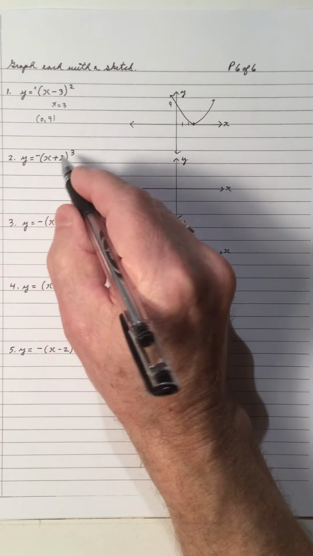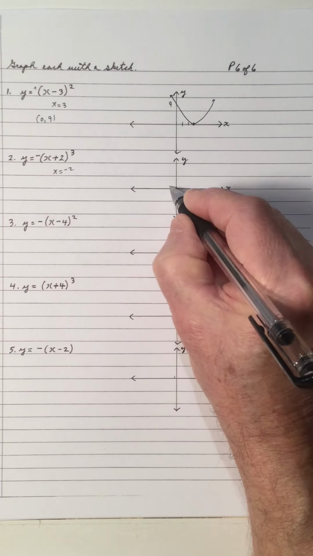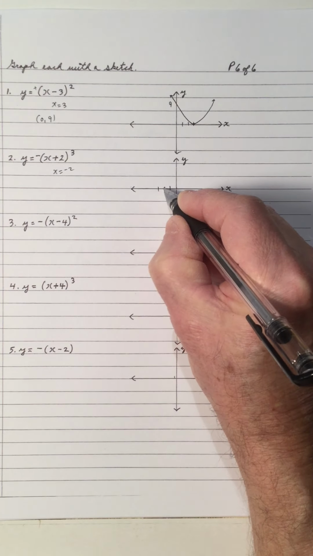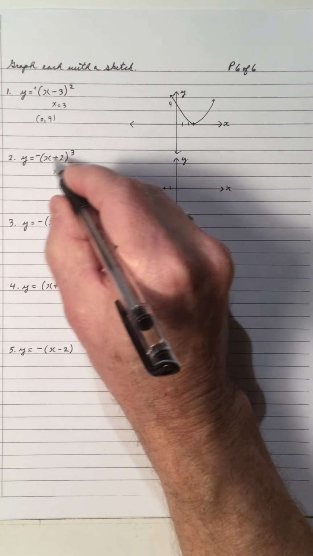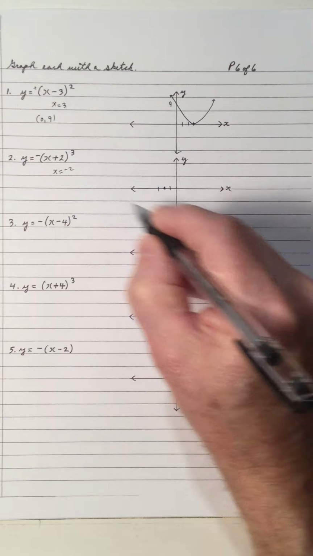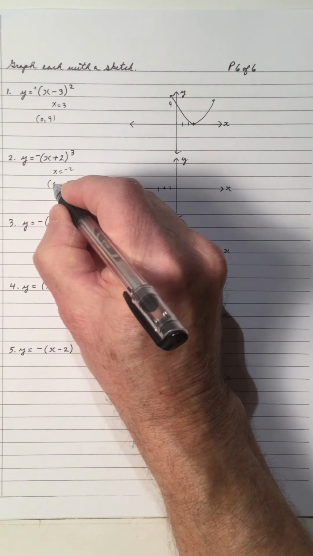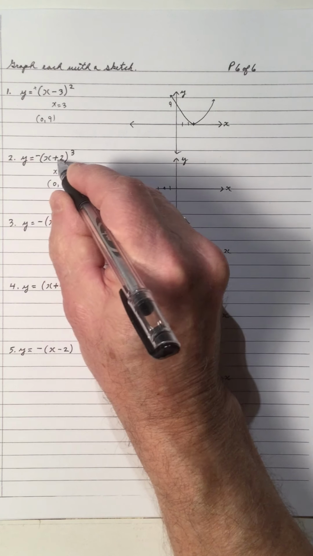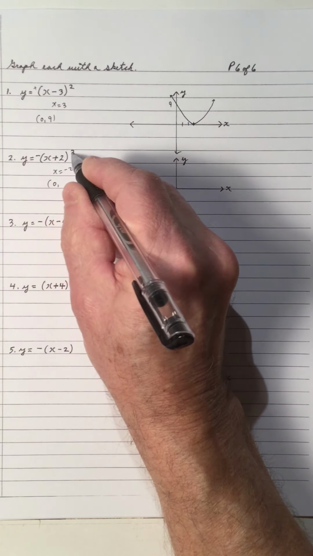Number 2, I have an x-intercept of negative 2. The x-intercept is negative 2 right here. It's a cube. A cube is the S, but it's negative. That means it's down here coming up. So if I find the y-intercept, if I let x equal 0, 0 plugged in here will give me a 2. 2 cubed is 8.